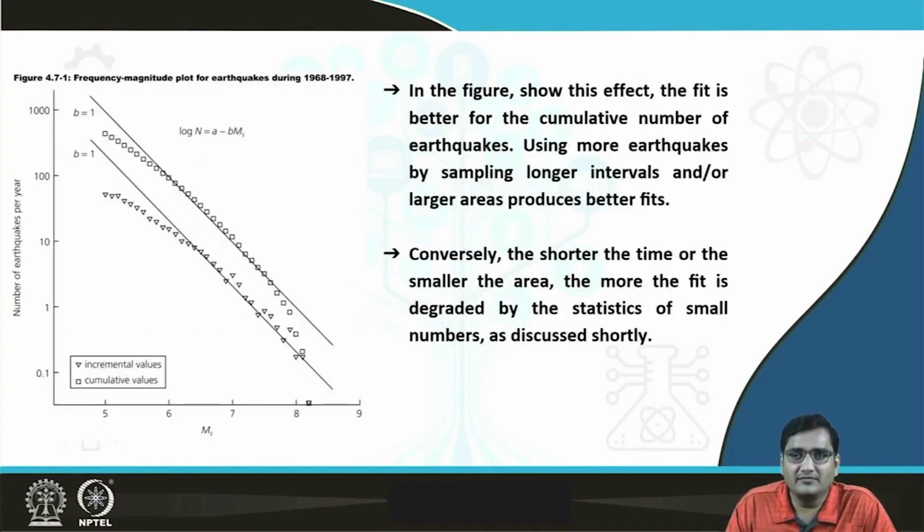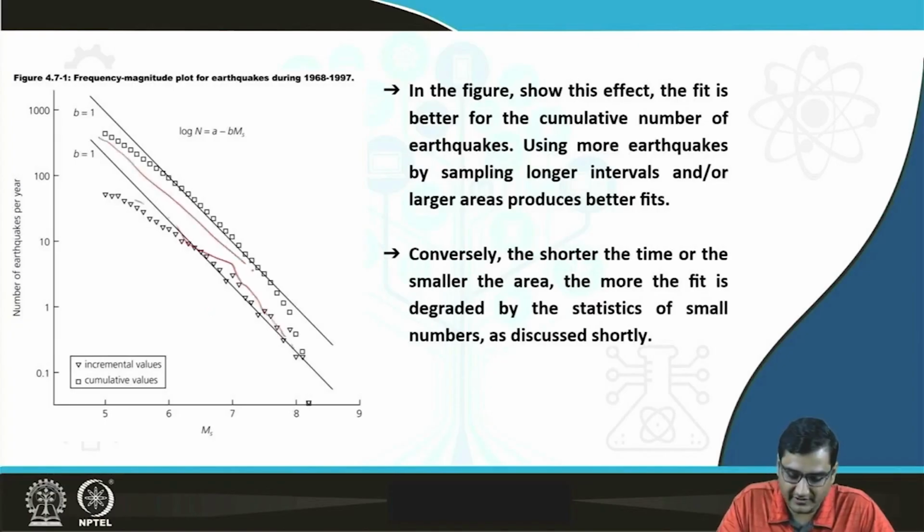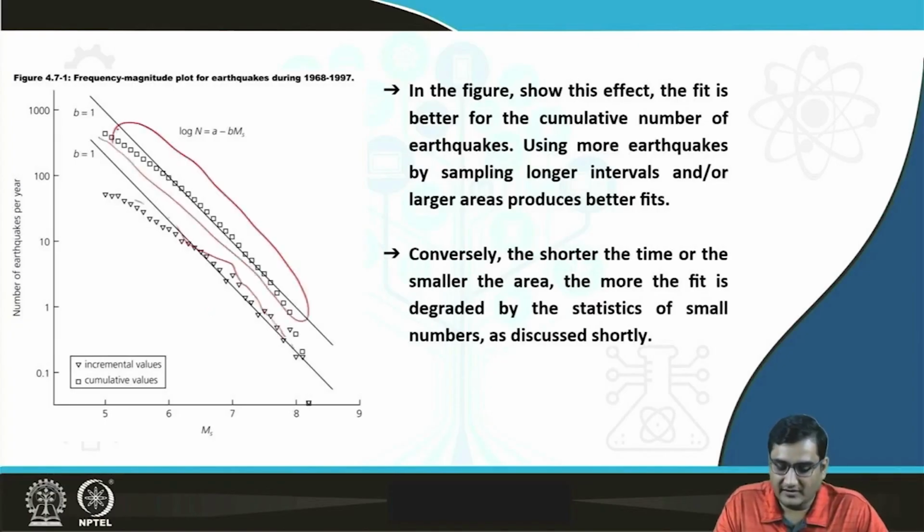So if you look at this figure, it shows this effect, and you can see the fit is better for the cumulative number of earthquakes. This is the cumulative one. Here the fit is better for the cumulative number of earthquakes, and using more earthquakes by sampling a longer interval or larger area produces better fits.